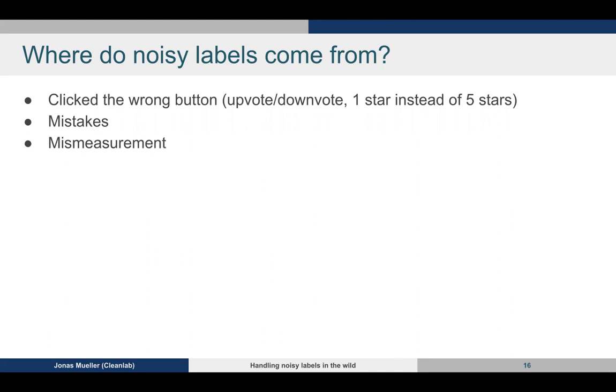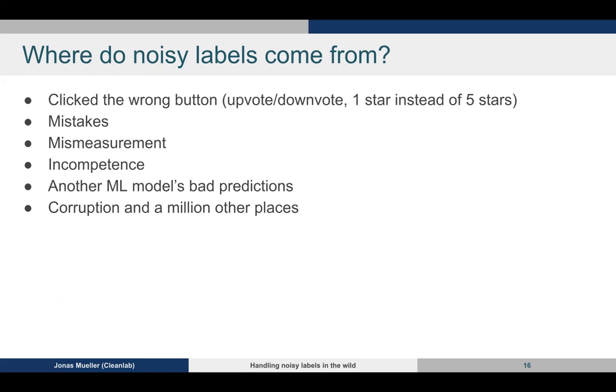Another issue is mismeasurement when the data are coming from some sort of sensor. Also, in classic data pipelines where you have humans annotate your data, sometimes people are not trained well enough, or they don't want to spend enough time annotating the data. Sometimes you're getting labels from another machine learning model, or from some programmatic system, and that system is making suboptimal decisions and thus giving you incorrect labels.